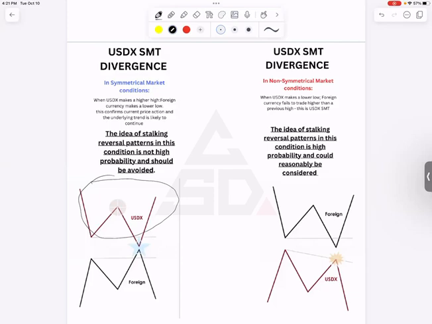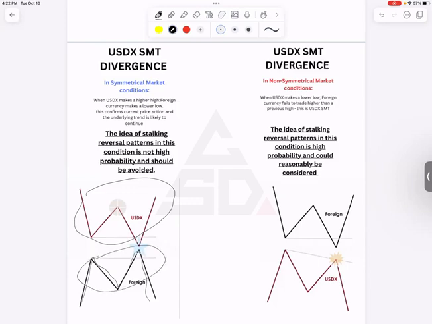So like I said, in the photo below, you see an example right here, USD is moving in confluence with the foreign pairs, and the foreign pairs are doing the exact same. So if DXY did a liquidity pull, turtle soup, then we should expect foreign pairs to do a liquidity pull, turtle soup, and that's exactly what it did on this photo.